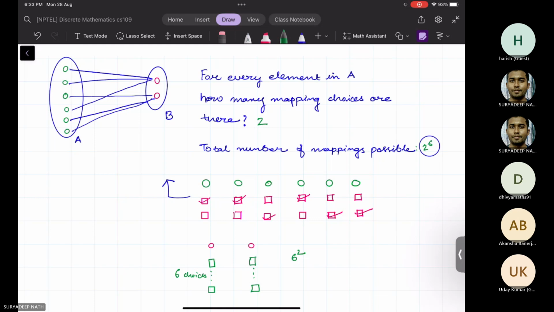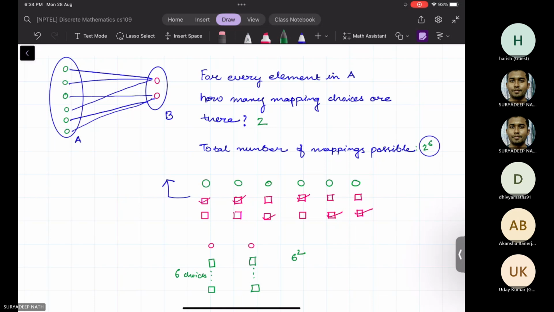If you see the previous diagram where we have two choices for every green element, it means we can take only one of the two choices. But for a function, it might be that it can take multiple choices out of the six choices in one column and multiple from the second column as well. So it won't come out to be 6 to the power 2.